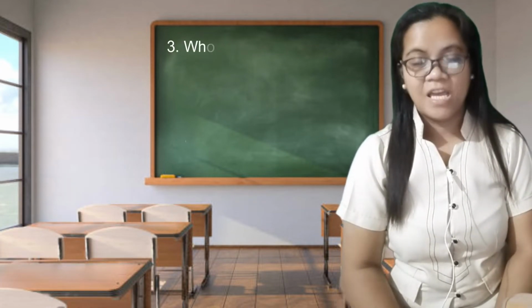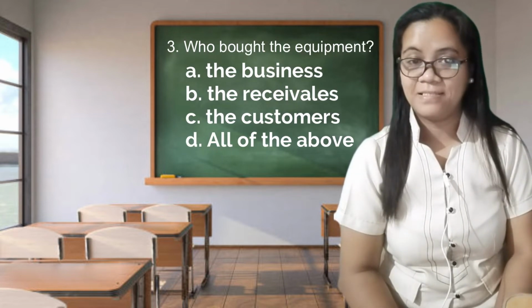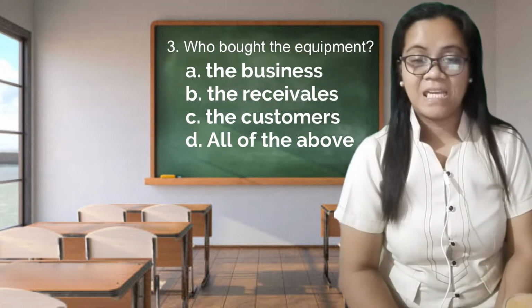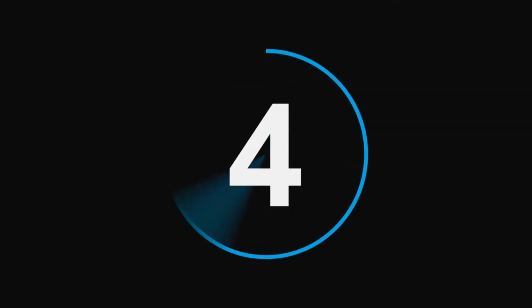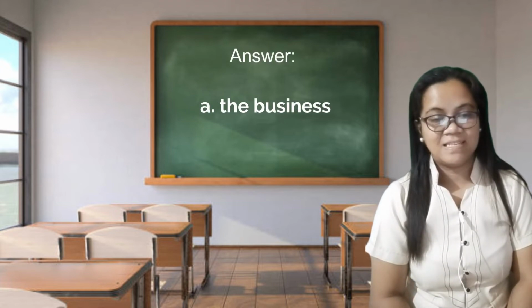Number 3. Who bought the equipment? A. The business. B. The receivables. C. The customers. D. All of the above. The correct answer is A. The business.